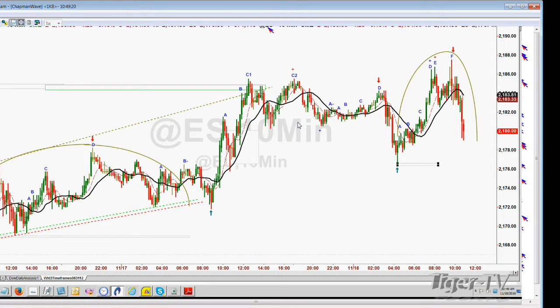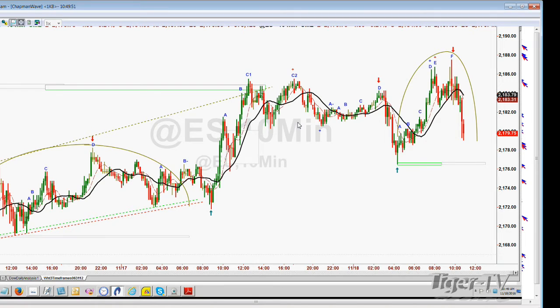So I'm going to do this right now. I'm going to actually move it just a tad to the right. And I'm going to say, if there's a failure, instead of this 10, 15 minutes where you should find some kind of strength, then the failure is going to suggest to me we give back all these gains, and we're looking at a test of the low that was made this morning at 20 past 4 of 2177.50 if this support right here gets taken out.